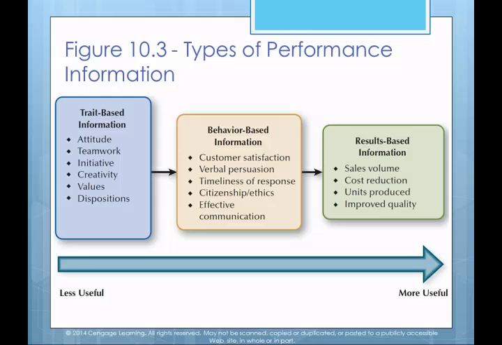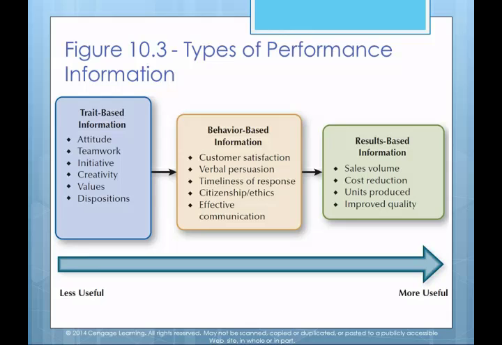Types of performance information. This is a very good chart because it shows the difference between the three types of performance information you can get. The least useful, according to your book, is trait-based information: attitude, teamwork, initiative, creativity, value, disposition.